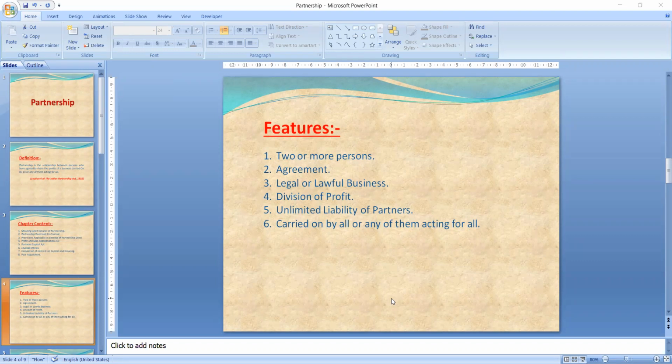Next point is unlimited liability of partners. What is liability? Tell me. Liability is the money payable to someone. It's not exactly a loss, but like I have to pay something to someone, like a loan.